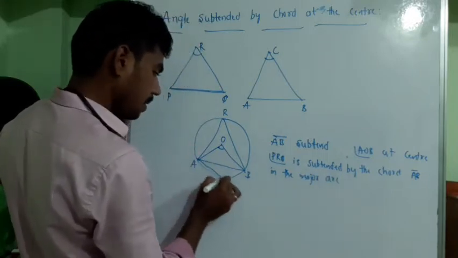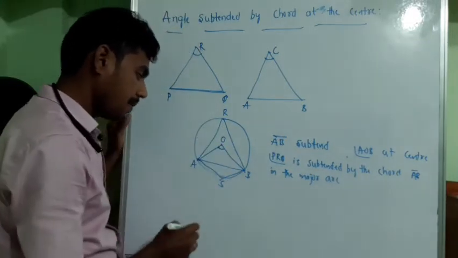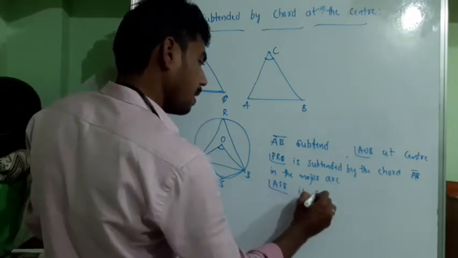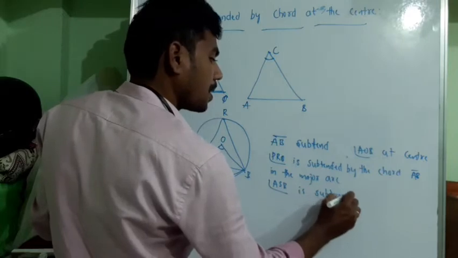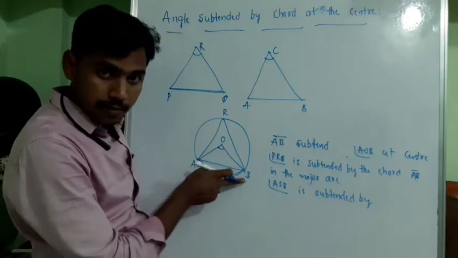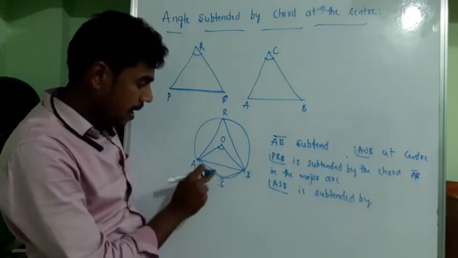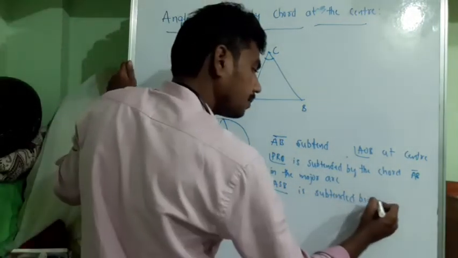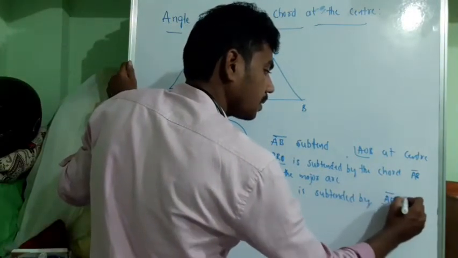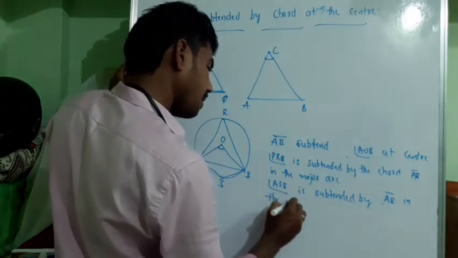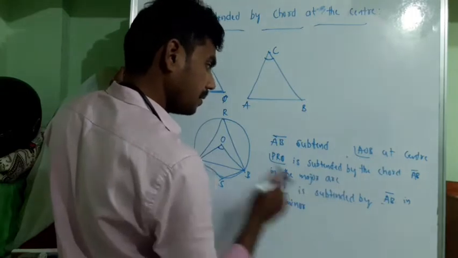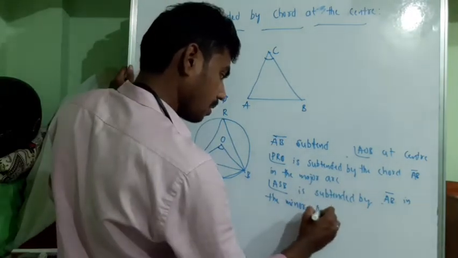Okay, next. Suppose this is S. Angle ASB is the angle subtended by chord AB in the minor arc.